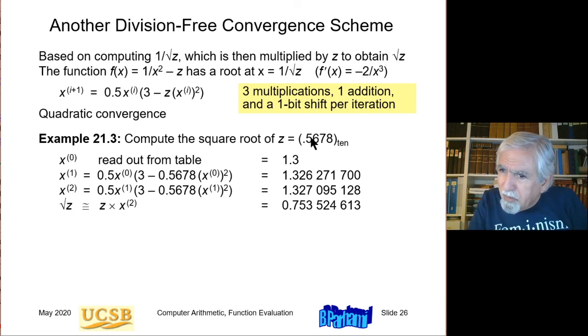The inverse square root of this number is approximately 1.3. Plug into the equation, I get this. Plug it again, I get this. And this is already accurate enough. And I just multiply that final result for 1 over square root of z by z to get the square root of z.